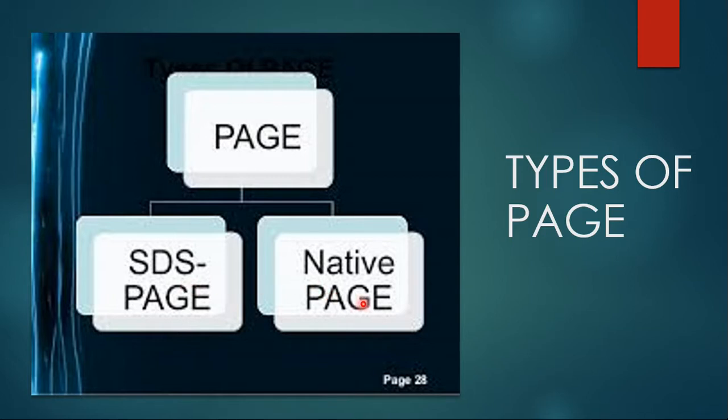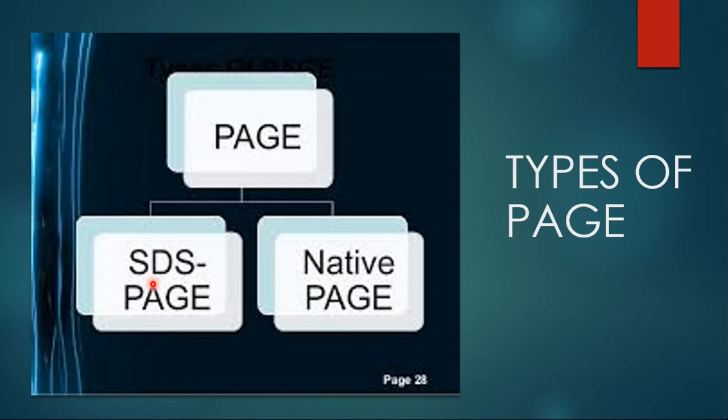Then what about native PAGE? It is useful for separation or purification of a mixture of proteins, and SDS-PAGE is especially useful for checking the purity of protein samples. Okay, and native PAGE is the original mode of electrophoresis, and this is a modified mode of electrophoresis. So that's how PAGE is of two types. One is native PAGE, and the other is SDS-PAGE, which is also called denaturing PAGE.